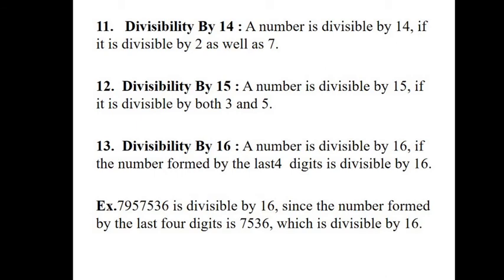Is it divisible by 16 or not? We need to check. Just use the rule for divisibility of 4. For 4, we just check whether the last 2 digits are divisible by 4. Here the last 2 digits are 36. 36 is divisible by 4. So this whole number can be divisible by 16 too.